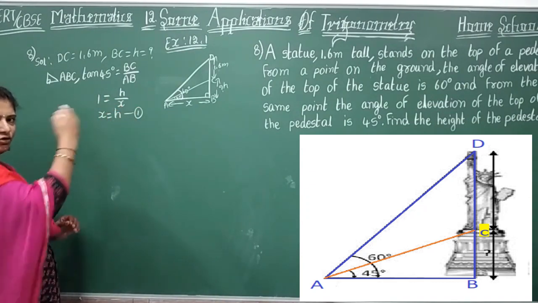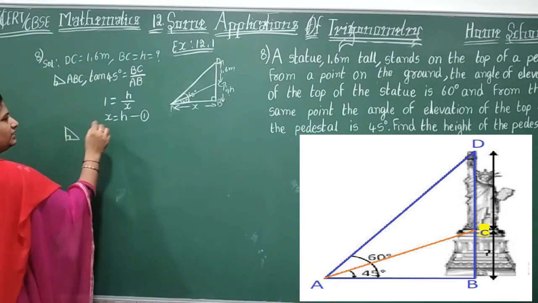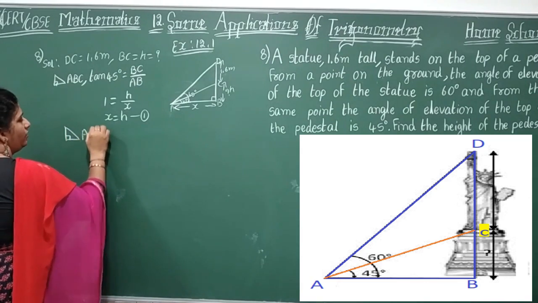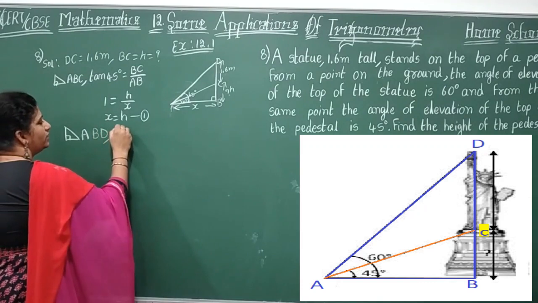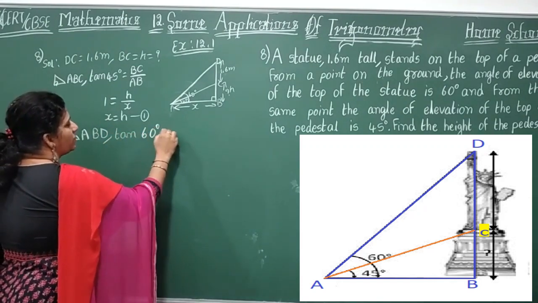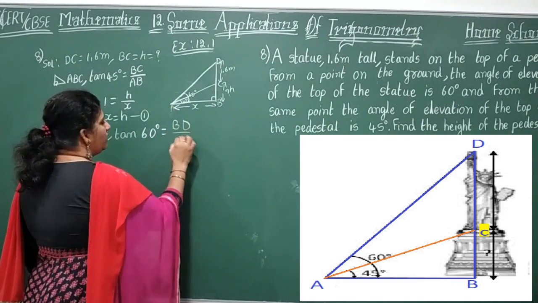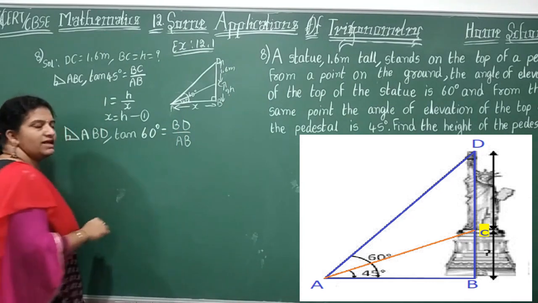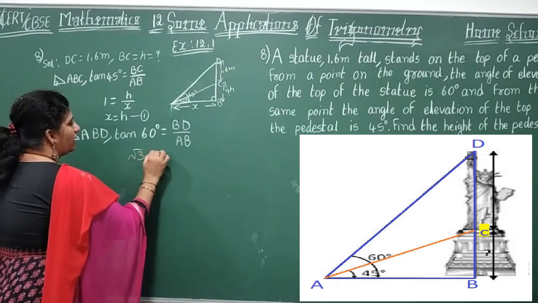Now we are going to take another right triangle. Consider the right angle triangle ABD. Now tan 60 degrees is equal to opposite BD by AB. What is tan 60 degrees here? It will be root 3.